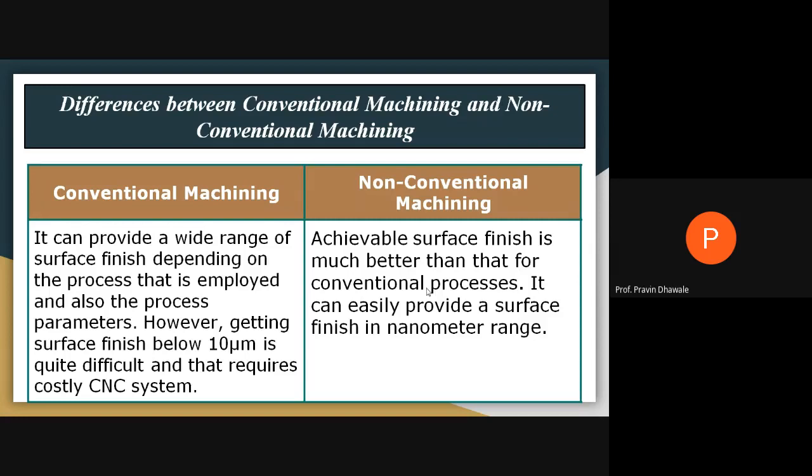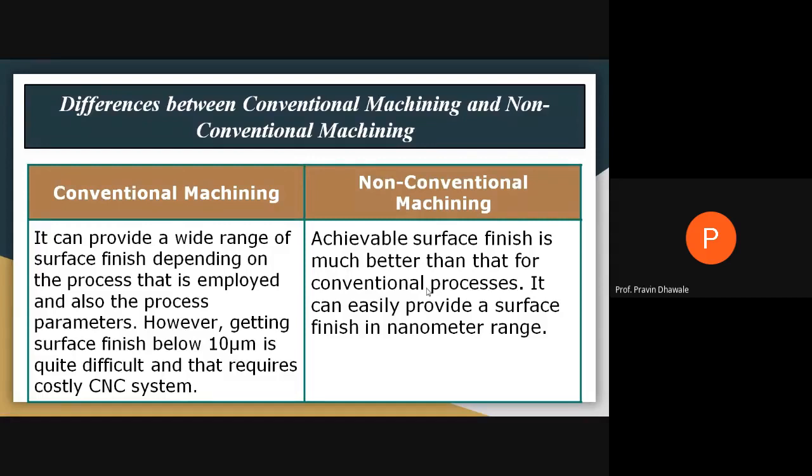Means in case of a non-conventional machining process, we can provide a surface finish which will be measured in terms of nanometers. Here, it is about how much quality of surface finish can be obtained using non-conventional machining.